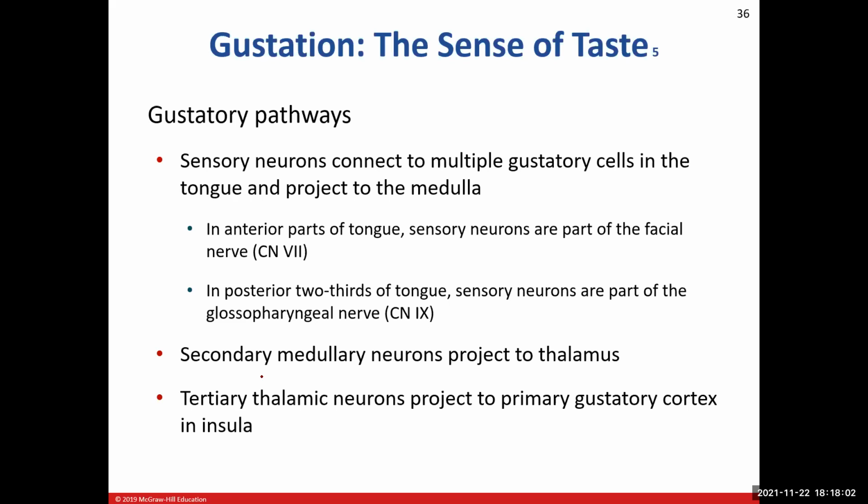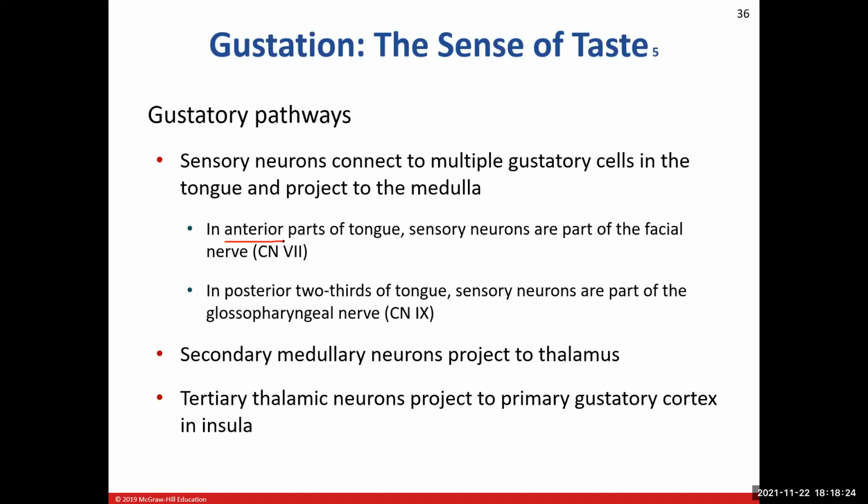Now, the primary neurons we refer to as the sensory neurons. They are going to come from 2 different cranial nerves, depending on what part of the tongue is stimulated.